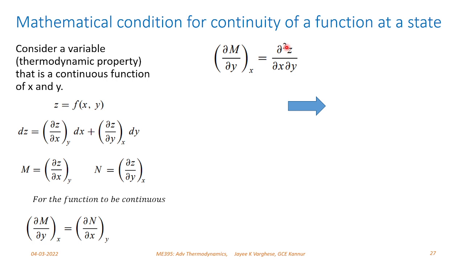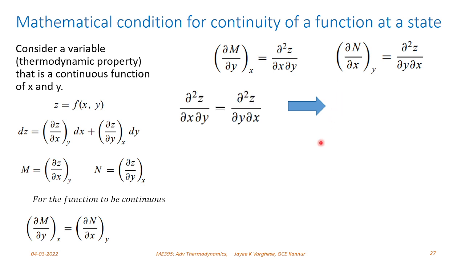So this becomes ∂²z/∂x∂y. Similarly, ∂N/∂x at constant y becomes ∂²z/∂y∂x. So from these two relations, the order of differentiation is swapped. And if we can show that these two derivatives are equal, then the function is continuous across that point.